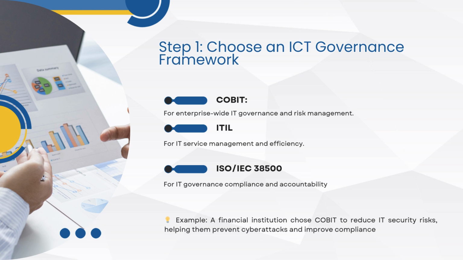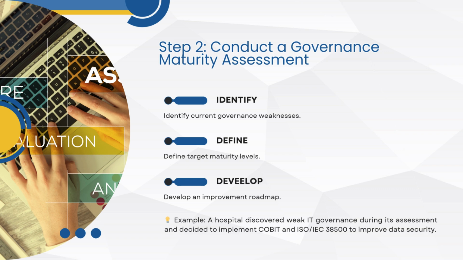ITIL is focused on IT service management and improving efficiency. ISO IEC 38500 ensures corporate compliance and accountability in IT decision making. Example: a financial institution chose COBIT to reduce IT security risks, helping them prevent cyber attacks and improve compliance.